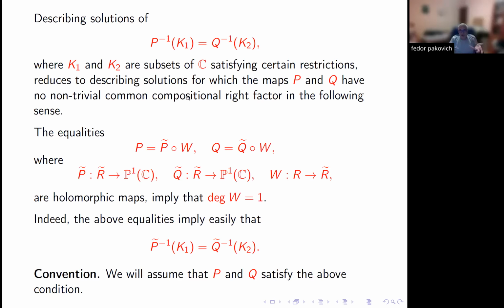It reduces to describing solutions for which these maps have no non-trivial common composition right factor in the following sense: the equalities I wrote here, where these maps are holomorphic maps, imply that the degree of W is 1.